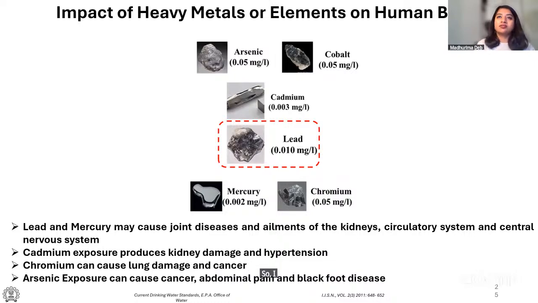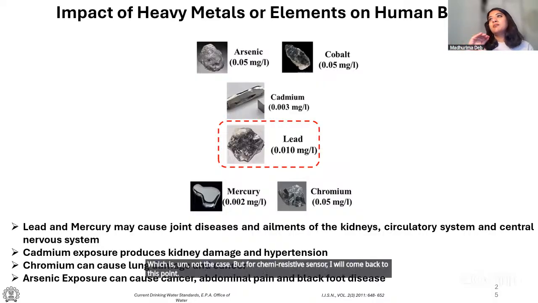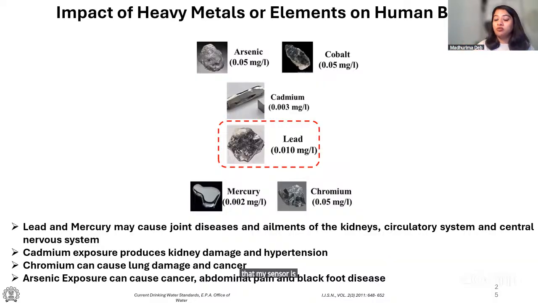I have concentrated my research mostly on lead. As I previously mentioned, 10 ppb is the permissible limit for lead, which is not the case. But for the chemi-resistive sensor, I will come back to this point, my sensor is in the ppm range.